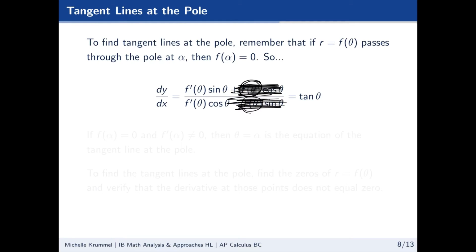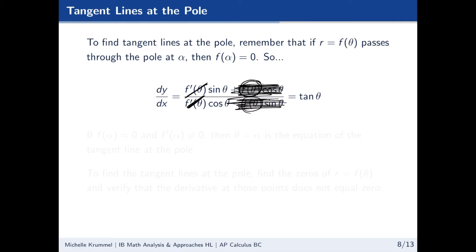Okay, that's all gone. Now, what about what we have left? We have f prime of theta sine theta divided by f prime of theta cosine theta. And as long as f prime of theta isn't 0, we can just cancel these out, and we will end up with sine theta over cosine theta, or just tan theta.